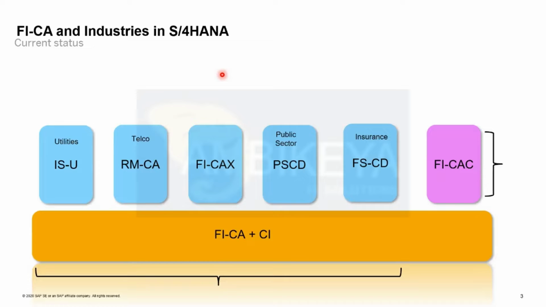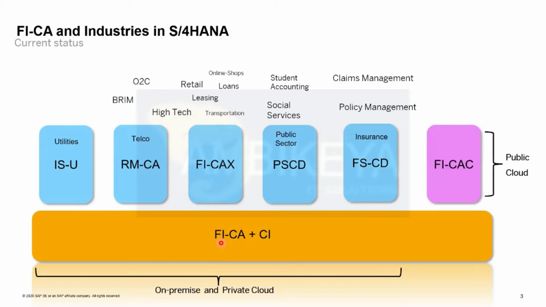Okay, I start with FICA in the industries on top of FICA. On the bottom here, you can see that we have some basis functionality available, which is the core FICA and convergent invoicing software layer.